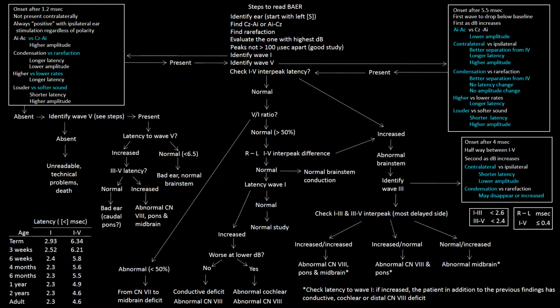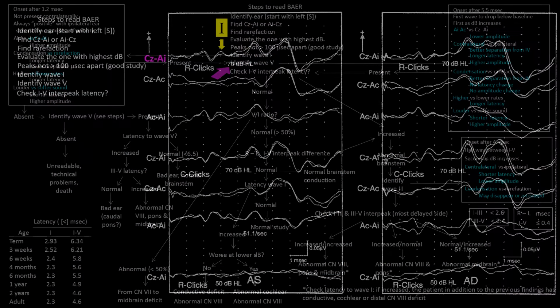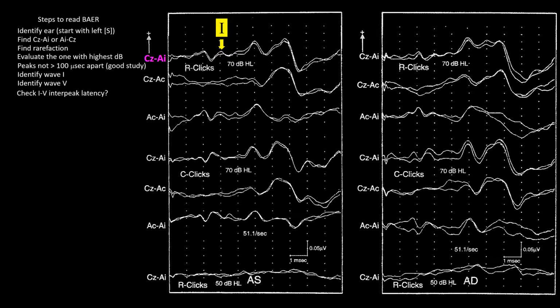So, having determined wave 1, next step is to identify wave 5. And as I did for the identification of wave 1, I will do for the identification of wave 5.